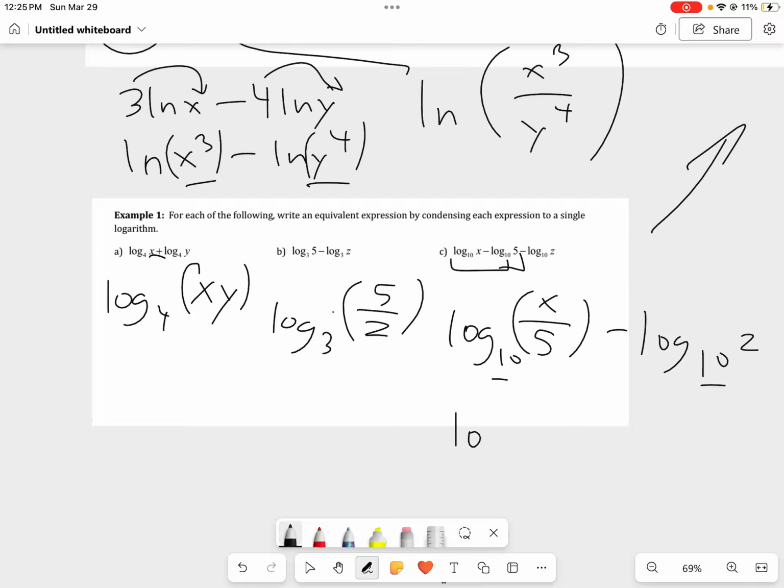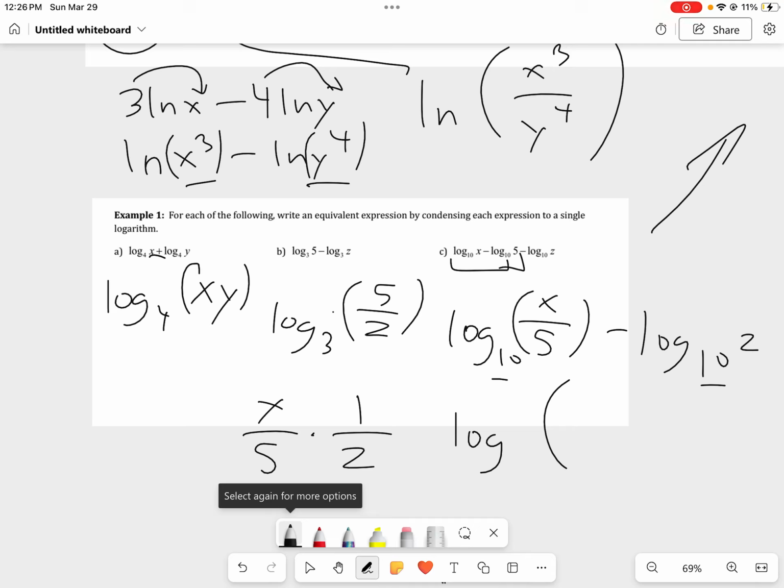So we're going to do log, I'm not going to write the 10. And all we're doing is dividing, right? So we're doing x over 5 divided by z, which is z over 1, or it's just the same thing as multiplying by 1 over z. So let me make that clear. We have x over 5, and we're multiplying by 1 over z. So we just have x over 5z.